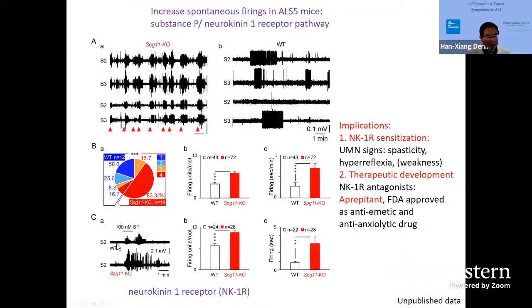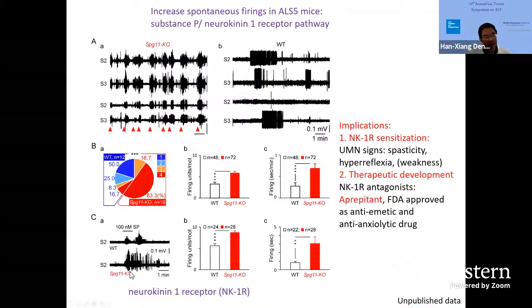So here is the wild type mice, and this is the knockout mice. When you put substance P to excite the lower motor neurons, we can measure the activity. And yes, indeed, we can see that substance P excites the lower motor neuron activity, but in the SPG11 mice, it's much higher.